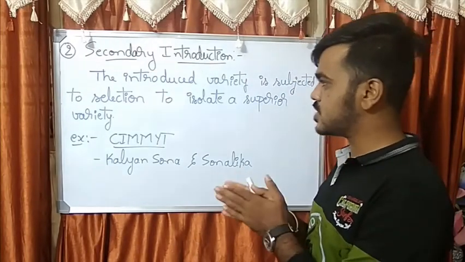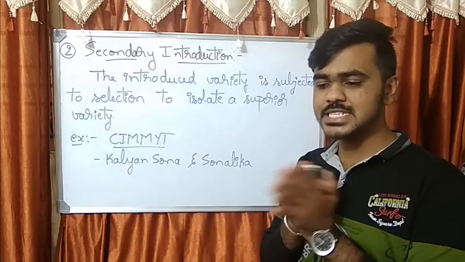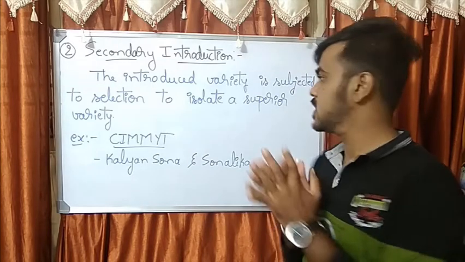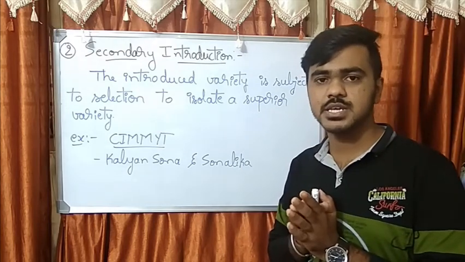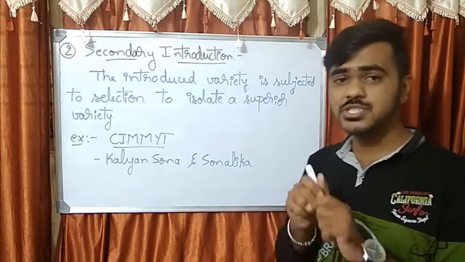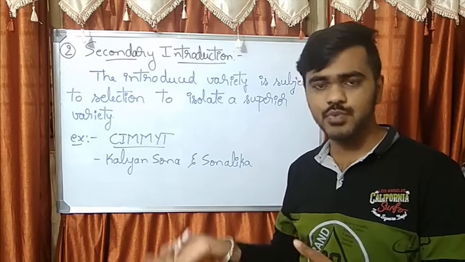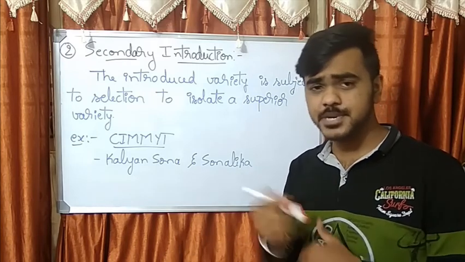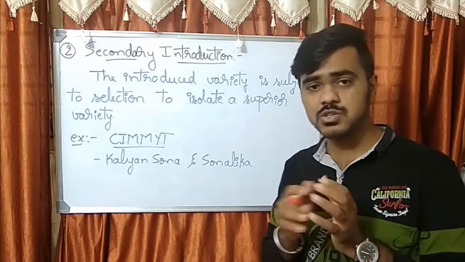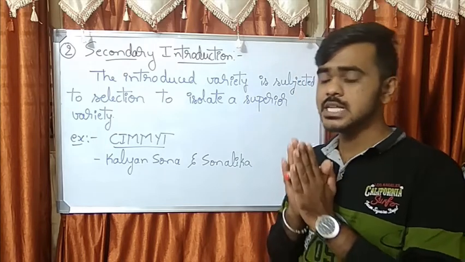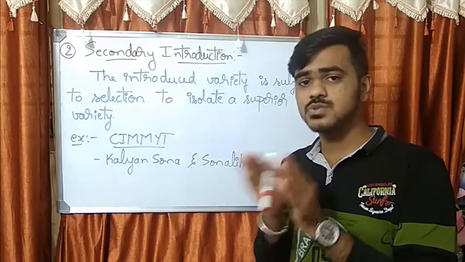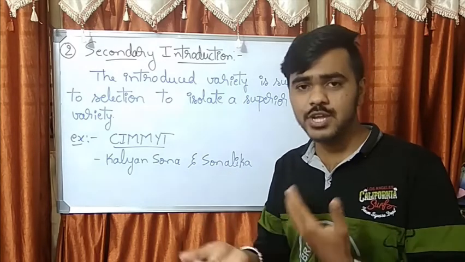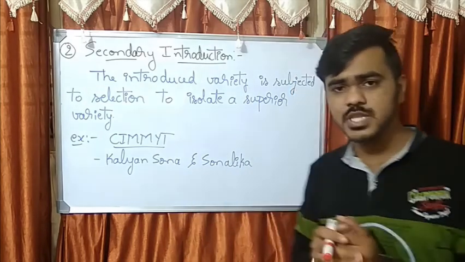See, in the secondary introduction, a plant variety is introduced to a new environment, a new place. There the selections are made. Then they isolate such species and release them as a new variety. In developed countries this is very common, and there also exists another mechanism where they use this genotype as a donor for hybridization.